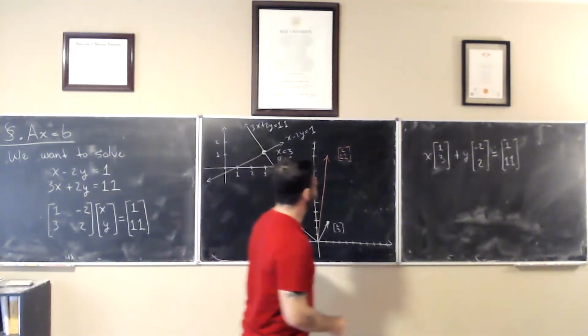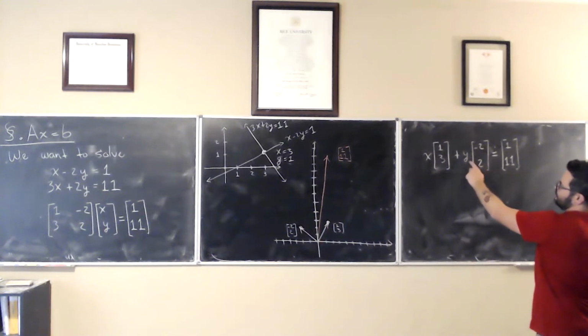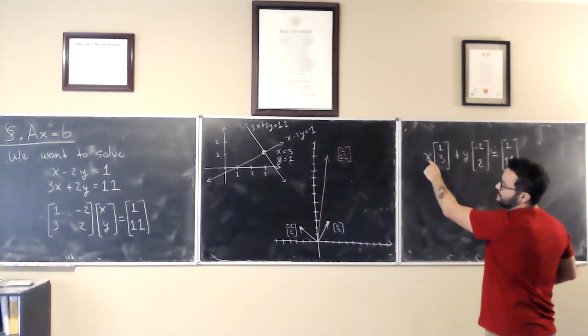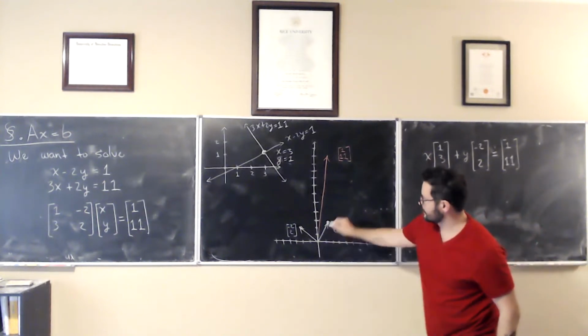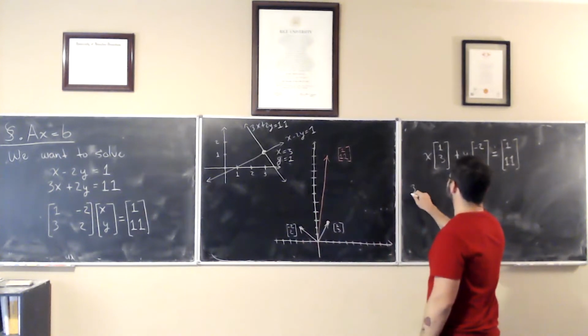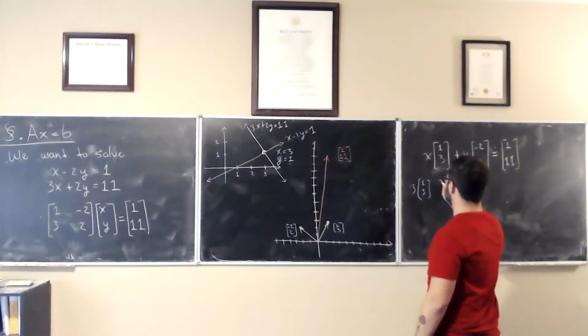So let's see what happens. If we multiply that vector by 1, nothing happens to it. But if we multiply this vector by 3, it's going to stretch. So it's going to stretch to what? 3 times 1, 3, that's just 3, 9, right? That column vector.